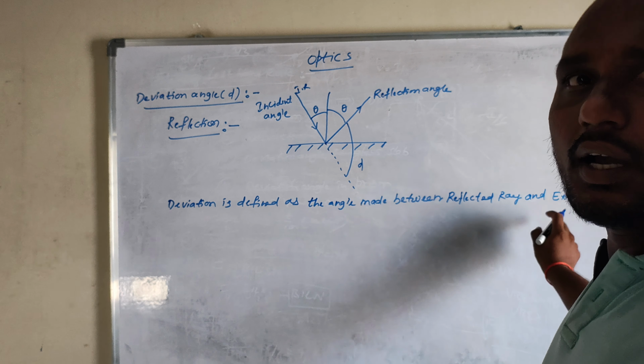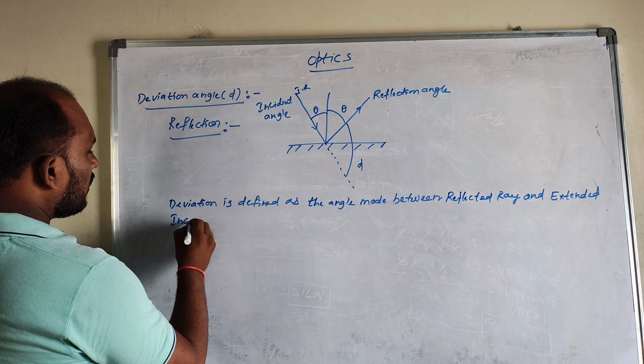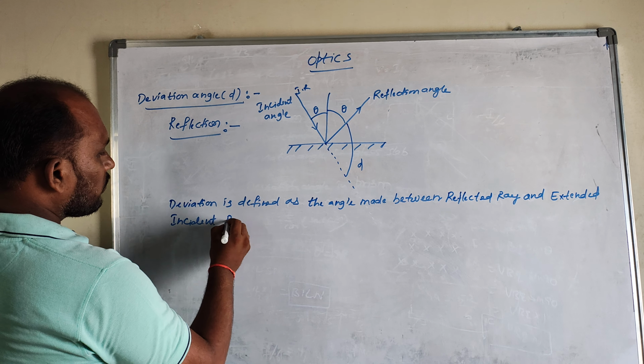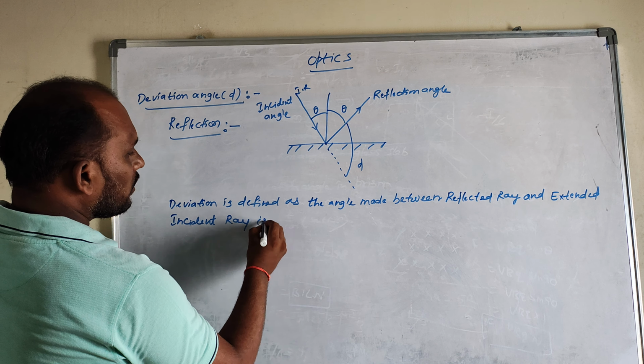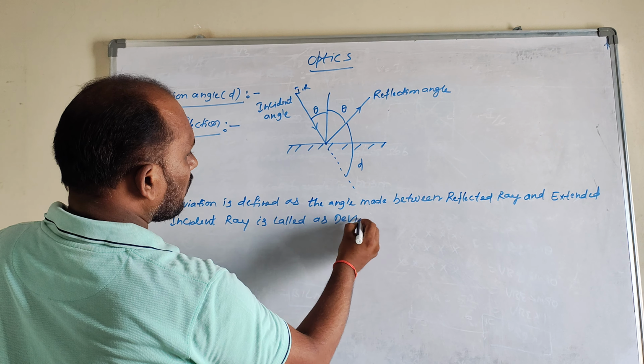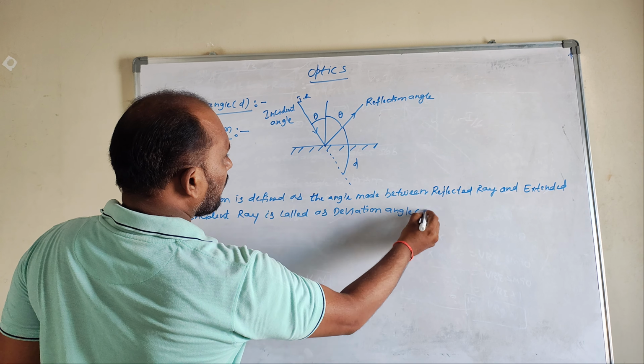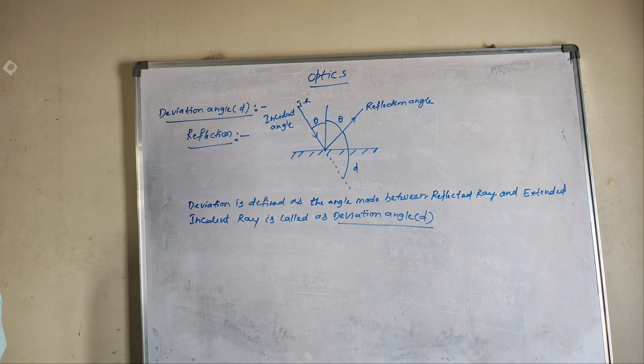This is very important guys. The angle between the reflected ray and the extended incident ray is called deviation angle D.